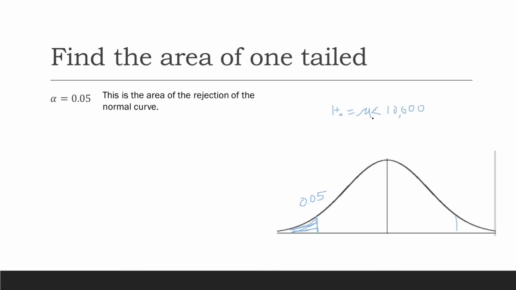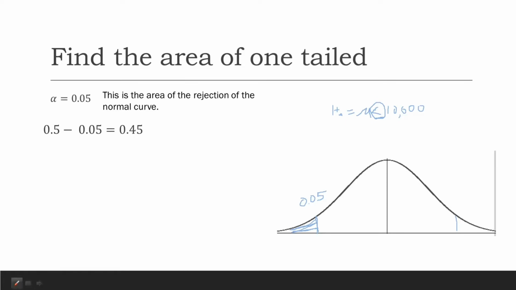If you remember, pag less than yung ating symbol sa alternative hypothesis, sa negative siya or sa left side of the curve natin makikita yung ating test value.